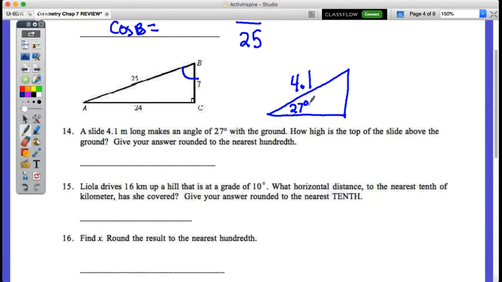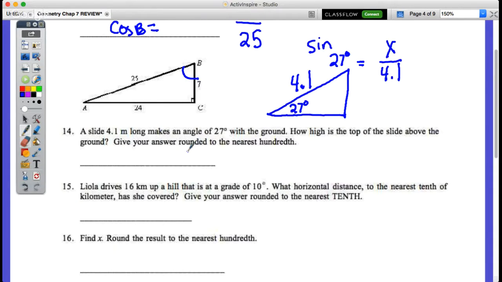We are finding the side length opposite the 27-degree angle. And the hypotenuse is 4.1, correct? So opposite over hypotenuse is sine. So in your calculator, 27 sine, and whatever that is, you're going to multiply by 4.1.